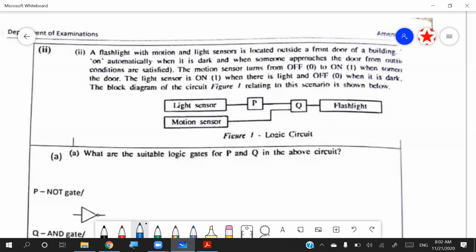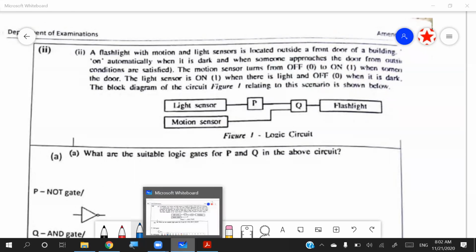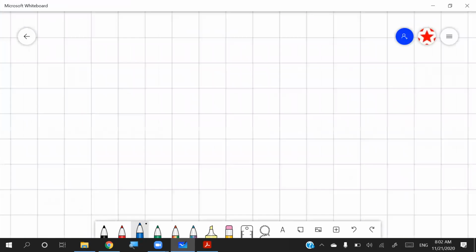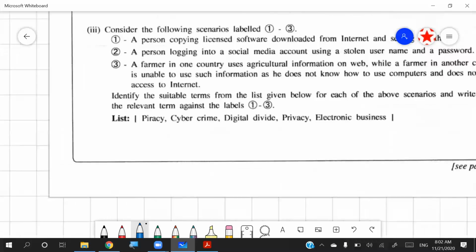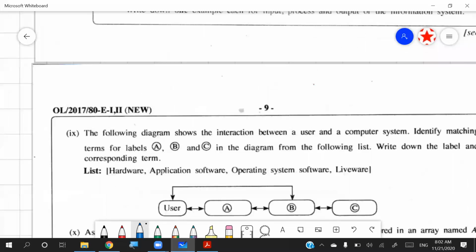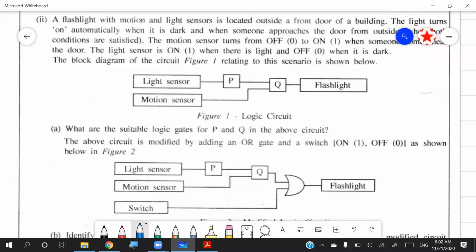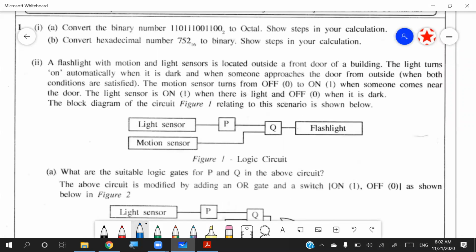Now here the question is a little bit not very clear. Let's go to the question in the question paper. Yes, the light turns on automatically when it is dark and when someone approaches the door from the outside, when both conditions are satisfied.